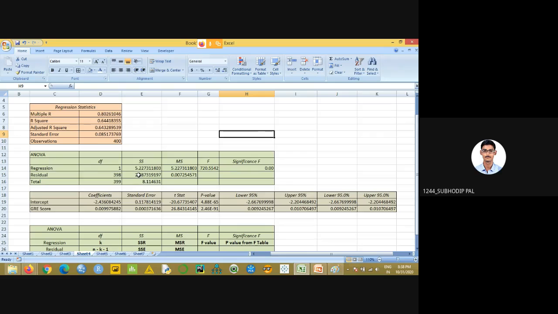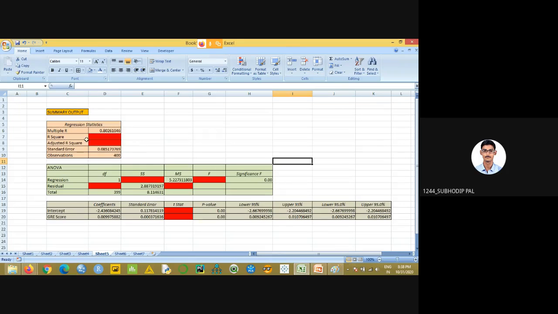Some values in the output table will be missing, and from the values that are there, if you know the formula, you can easily calculate the missing values. Look at this. Some values are missing here and there.